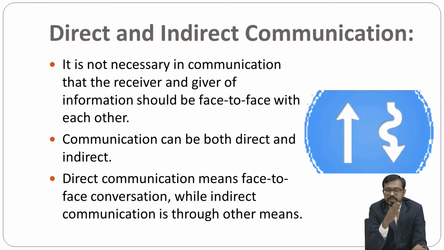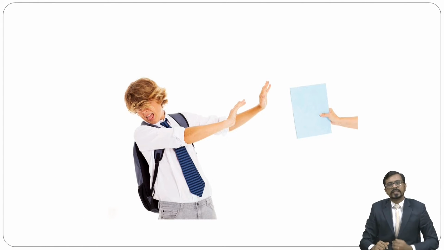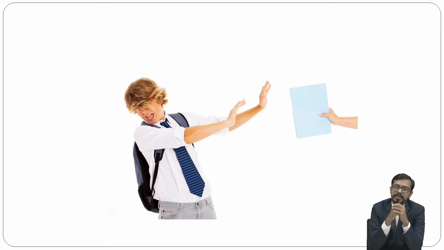So this mentions direct and indirect communication methods. This picture in front of you, what will you think about when you look at this image? Think about it. What are the basic concepts that you can think of? It can be that the person does not want to look at that.